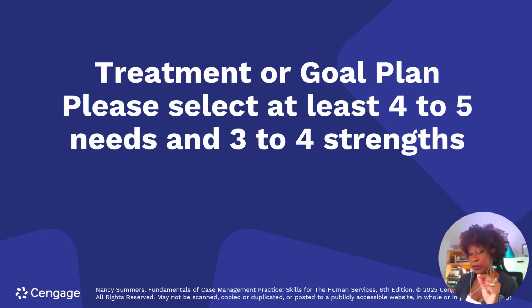Okay, so here's the treatment plan. So basically, you're going to have the client's name, next of kin. Don't worry about that. And this is going to be the initial plan, so don't worry about updated plan. So the initial plan plus the date that you're doing it, which you can put the date that you're actually doing this. Developed with, that would be the client themselves. Okay, so developed with the client. Okay. Level of case management, that would be resource coordination.